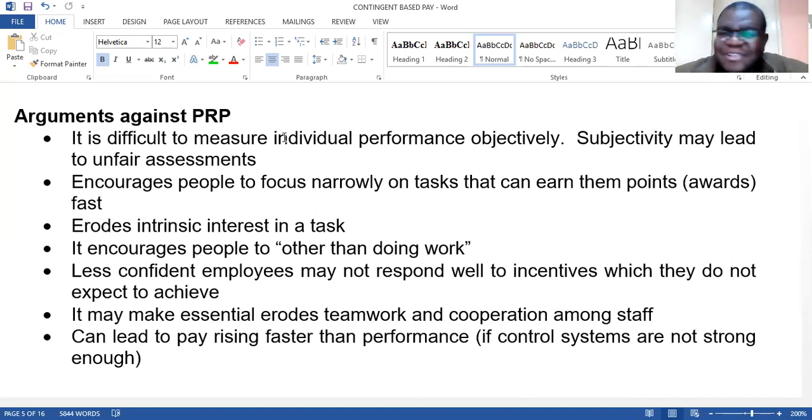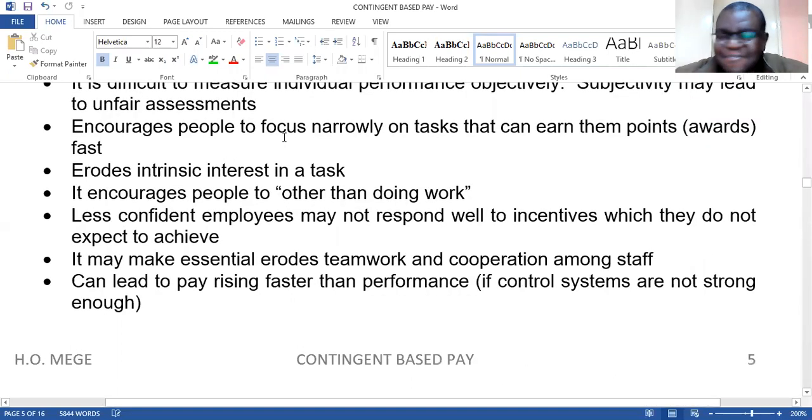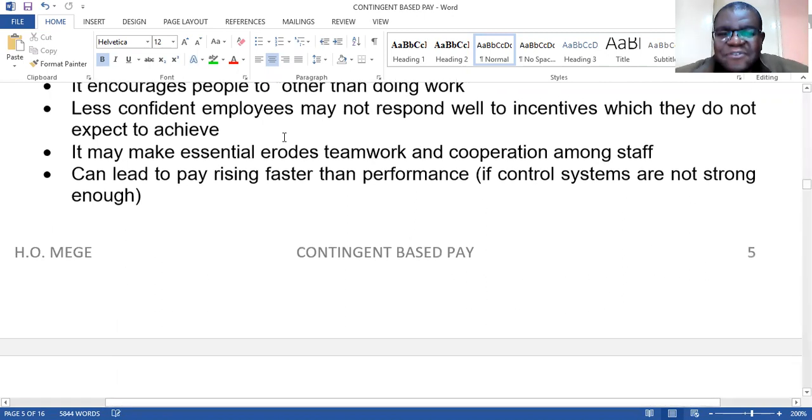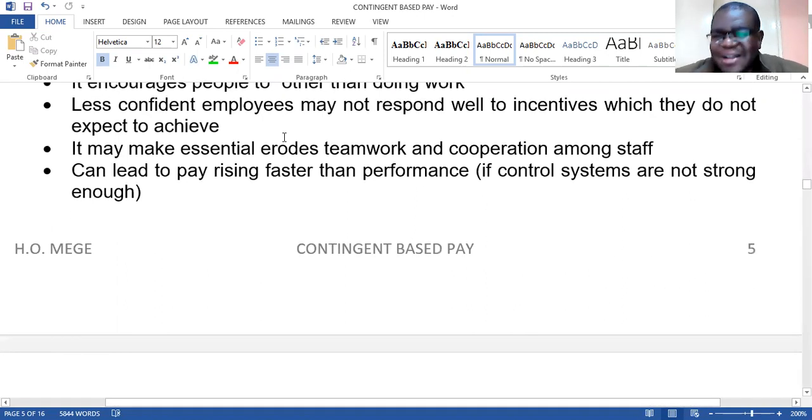You are working to be rewarded so that you erode the intrinsic interest that employees may have in the job, in the tasks they perform. You only look at performing tasks against which you will be rewarded. Then once you meet your targets and surpass your targets, then you will find individuals focus on other things, not work.